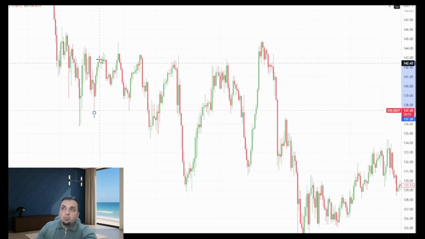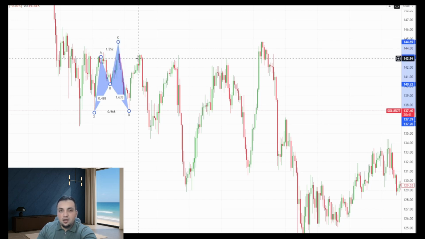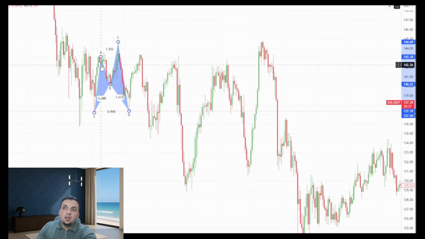X to A, A to B, B to C, and C to D. We can place the C on the body of the candle or on the wick of the candle. It doesn't really matter because C can be higher than A, equal to A, or lower than A. It cannot be lower than B. So we got an M pattern, a harmonic bullish pattern.